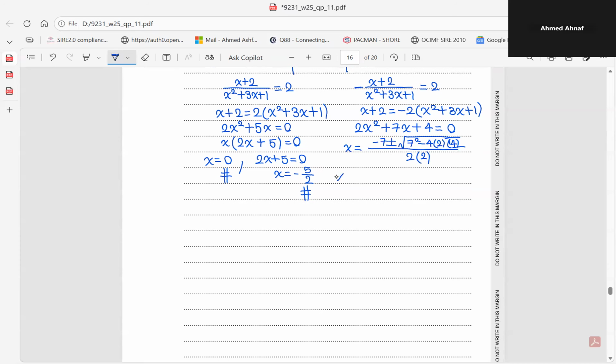Then you would get x equals minus 7 over 4 plus square root 17 over 4, and you would also get x equals minus 7 over 4 minus square root 17 over 4. So these two are our other two critical points.